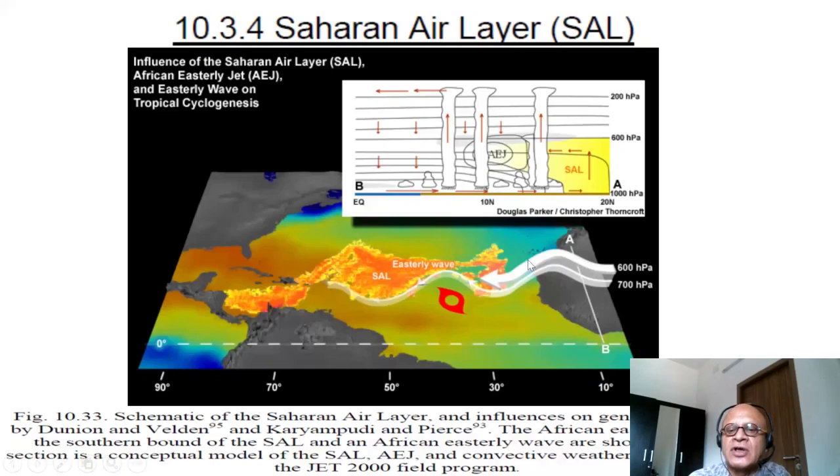And the combination of the Saharan air layer and the easterly jet can either create a cyclonic vortex to the southern side of this and advect it along and favor cyclogenesis, or there are also times when the heating and the heating gradient associated with the Saharan air layer can actually make the mid-level easterly jet much stronger, which means the vertical shear is going to get stronger, so it can actually suppress the cyclogenesis, or the survival and evolution of the incipient vortex, as we have been calling it.